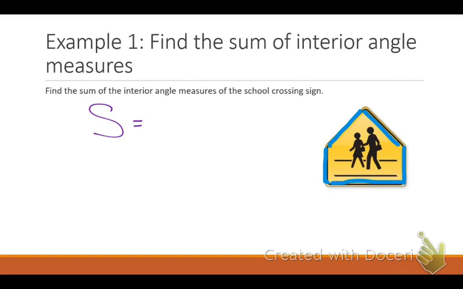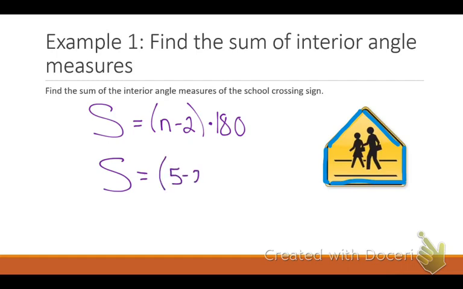S equals, let's write the original formula, (n minus 2) times 180. And we'll put the little dot there to show multiplication. So n is the number of sides. How many sides did I say it had? 5. So 5 minus 2 times 180. What's 5 minus 2? 3.